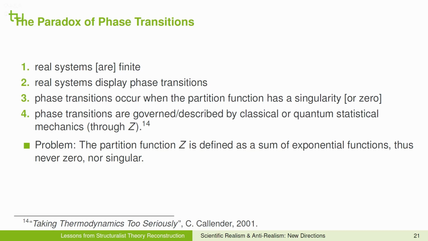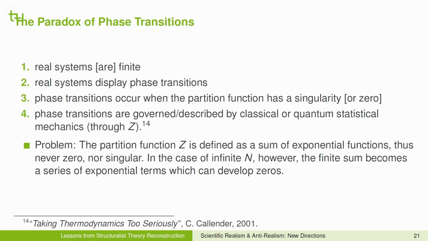This might make sense because we want to have jumps, singularities, so we need zeros or singularities of the partition function. And so some might say, well, that's pretty easy, then we simply have to say statistical mechanics cannot describe phase transitions. But the opposite is true.